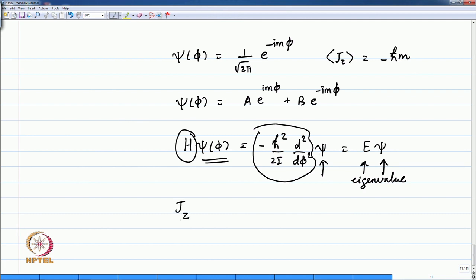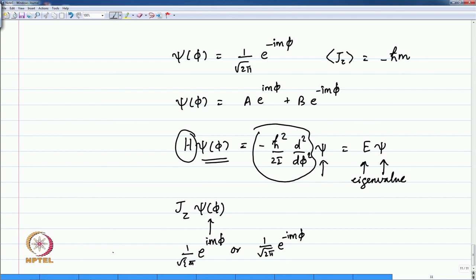Likewise, if you write the Jz operator acting on psi of phi, if psi of phi is either exponential e to the I m phi times 1 by root 2 pi or 1 by root 2 pi exponential minus I m phi.